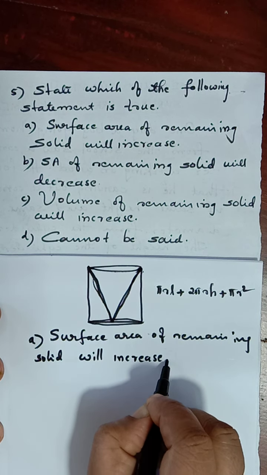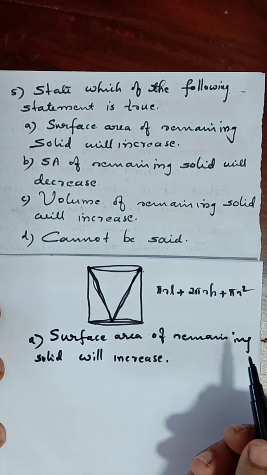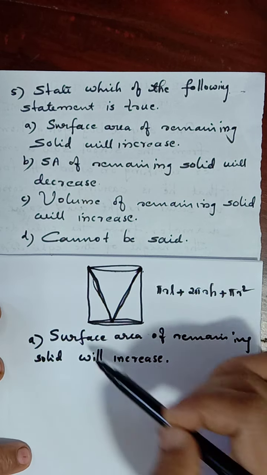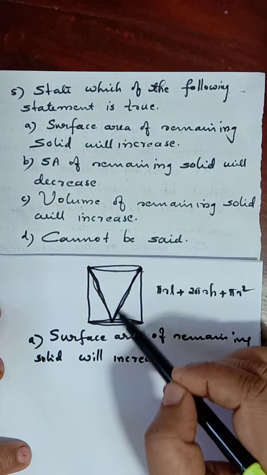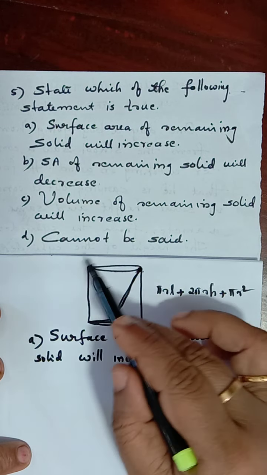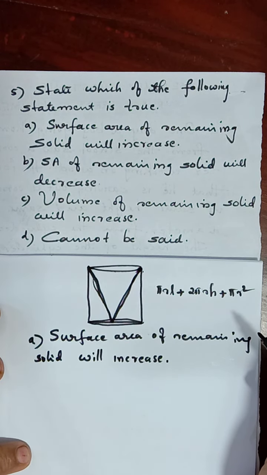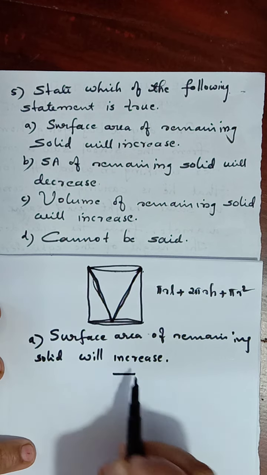Here you don't want to find out. No need of checking it. By common sense, we can understand that surface area of the remaining solid will be more than that of surface area of the complete cylinder. I hope you understood.